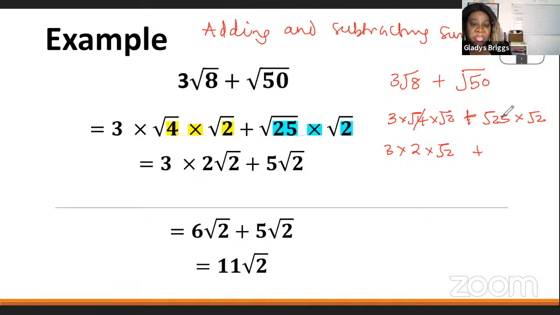Add this one will be equal to 5 times root 2. And on this side, you would have 6 root 2, add 5 root 2.